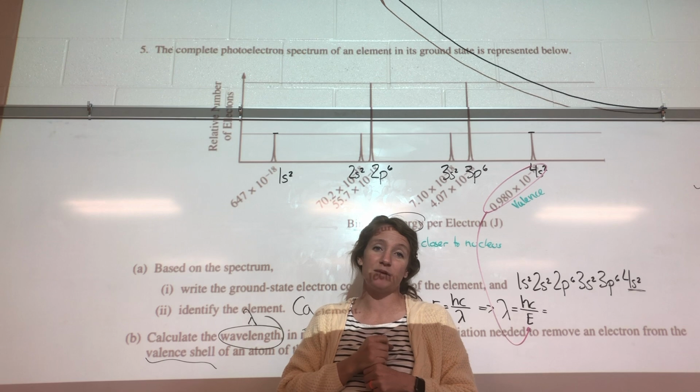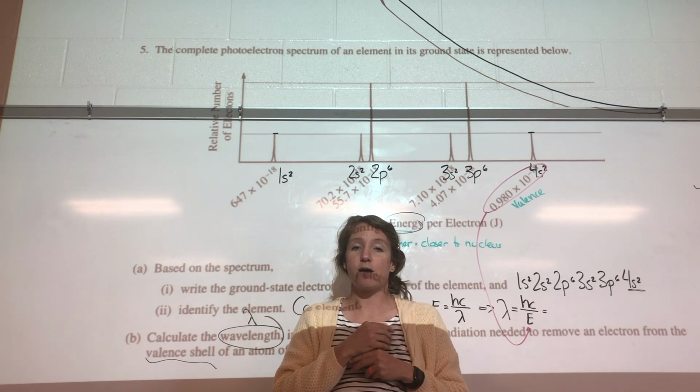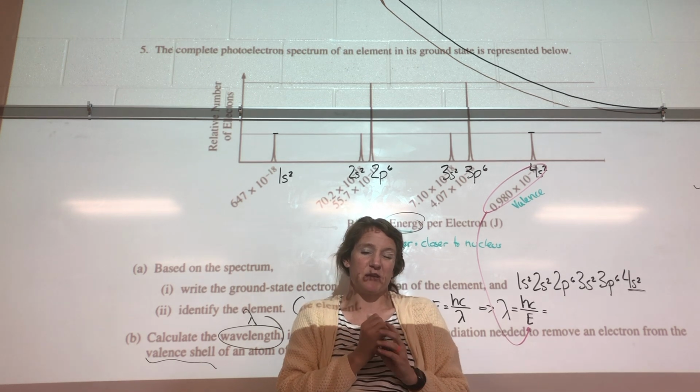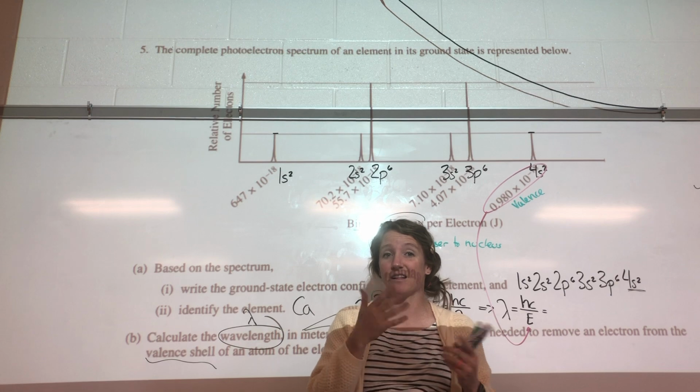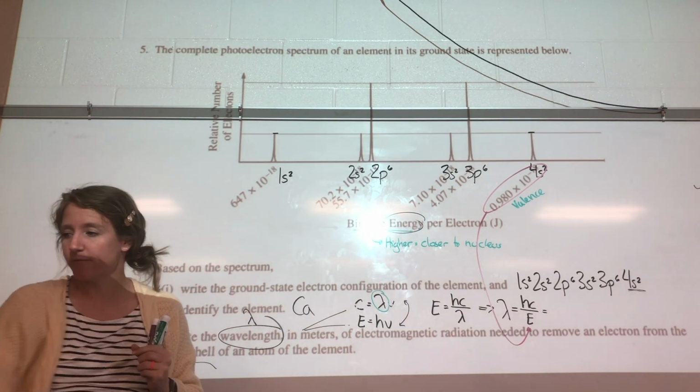Still have your notes there, but once again, time can be a problem, and so having some quick reference sheets would make a big difference, and we can maybe talk about putting those together as a class if you feel like that would be useful. But okay, there's number 5.